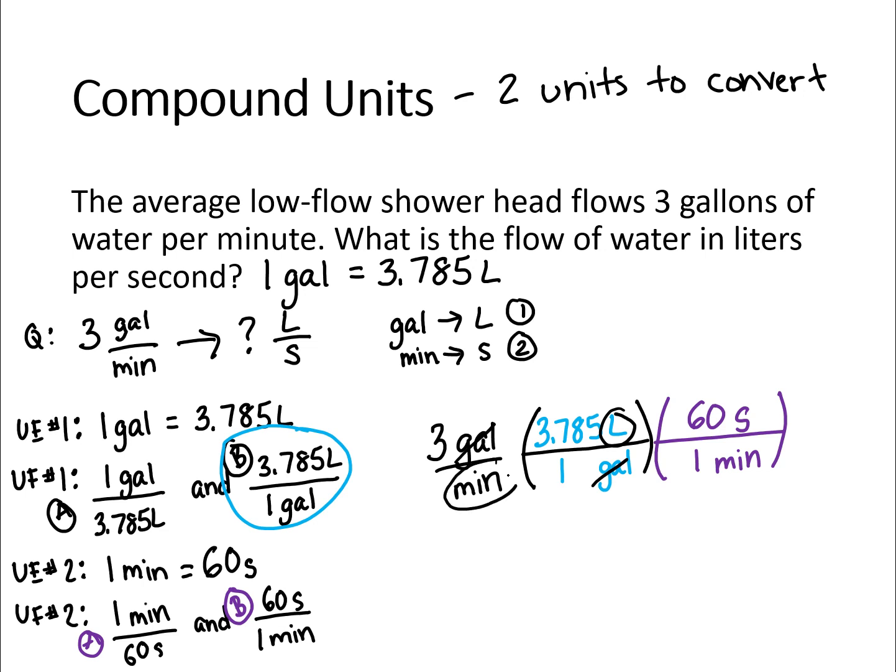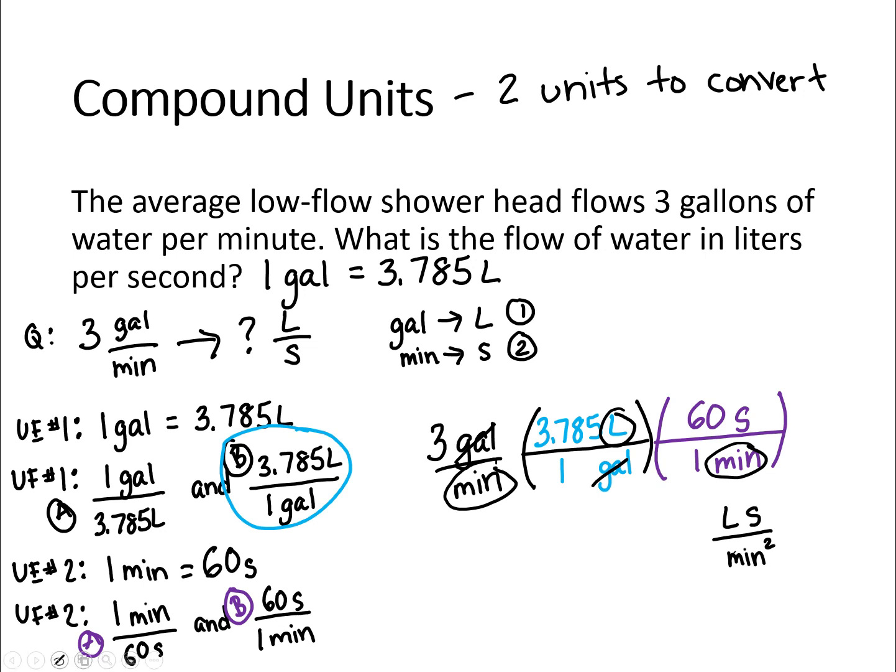I've got minutes on the bottom and minutes on the bottom. So I would get something funky like liter seconds over minutes squared or something like that. We don't want that.